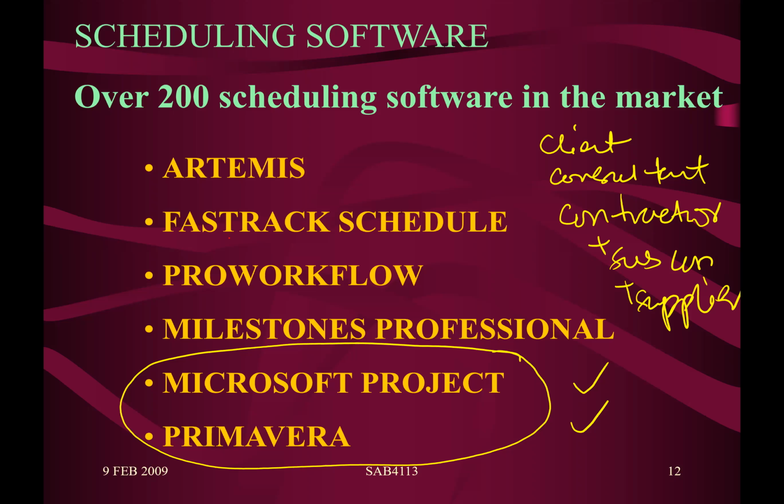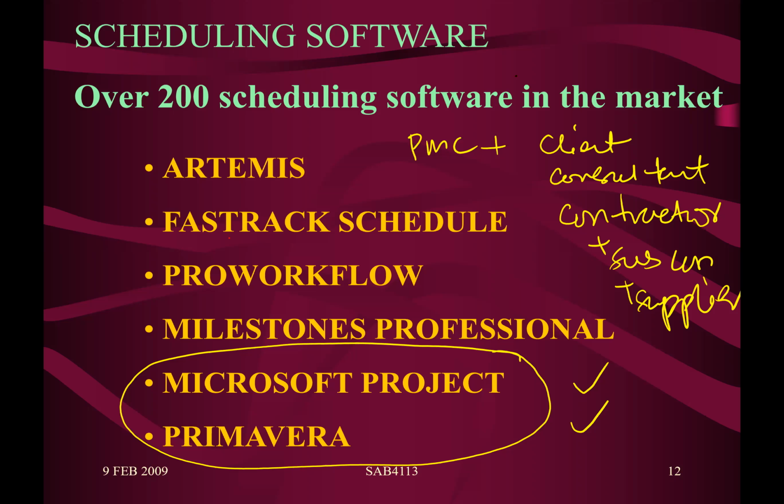Even if there is a project management consultant, you see how many parties are interested in your work program, because they need to know what is going on. Especially supplier and subcontractor need to know when to come in. So you simply send them a portion of the work program so they can be prepared.